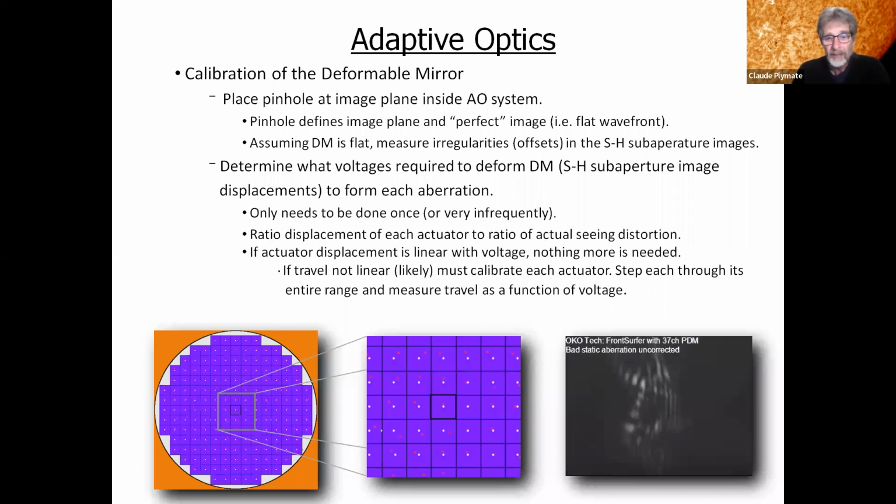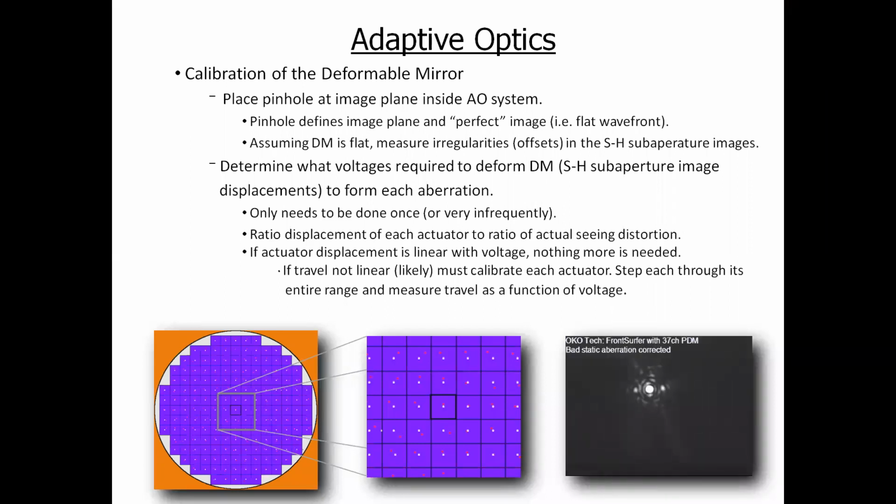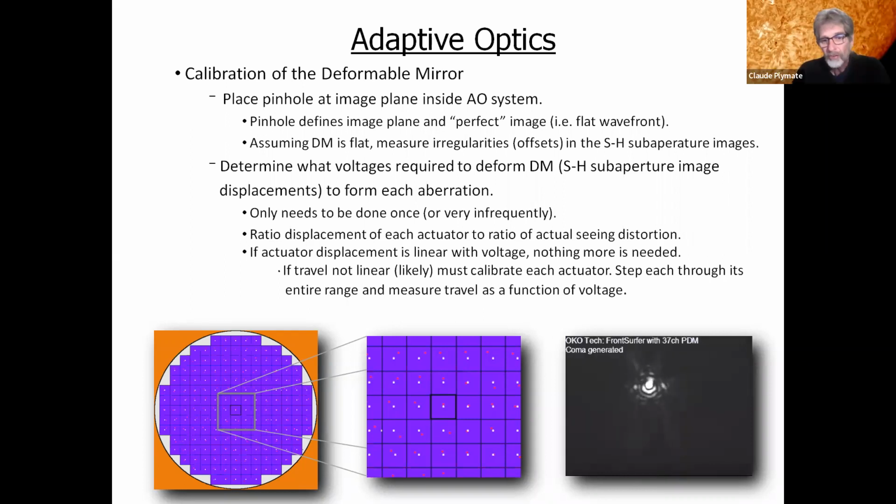That sounds like a complex thing, but it is, and it would be an iterative process, but keep in mind, it does not need to be done in real time. It can take as long as necessary. You could even imagine just sitting there with a whole bunch of knobs and diddling the voltage on each actuator until you come up with the proper wavefront distortion that you're looking for.